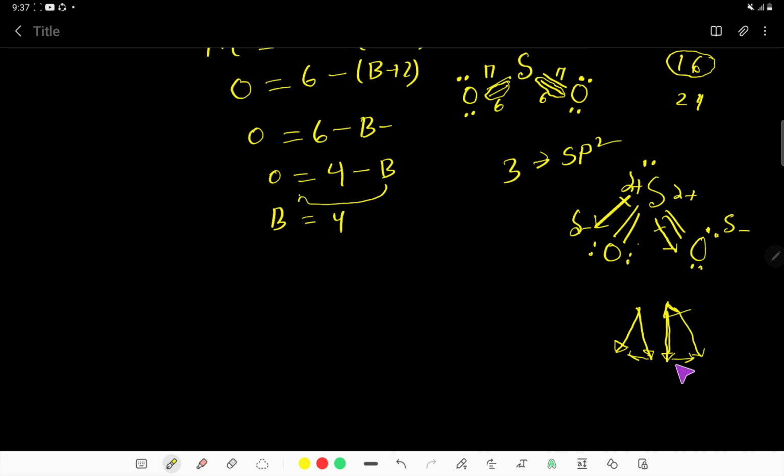The x components cancel each other, but the y components don't cancel each other, right? So this molecule will have a net molecular dipole moment, that is, it is polar.